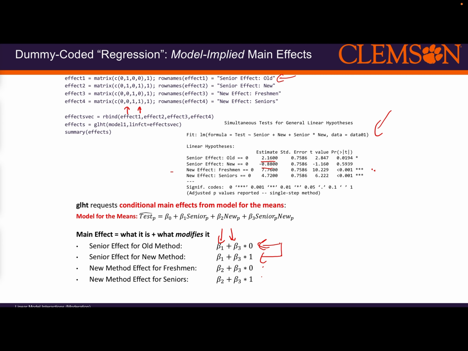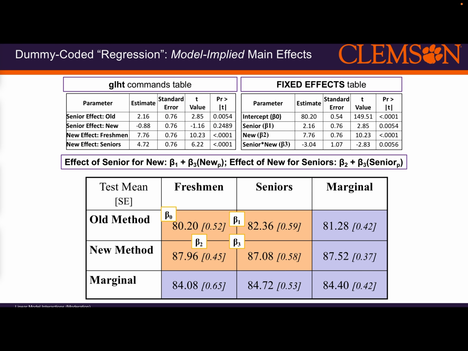Freshmen in the new method are 7 points higher than freshmen in the old method, and seniors in the new method are 4 points higher than seniors in the old method. So you can get all those permutations and see how it works out. And again, this is the set of variables that we saw from our last slide as well. Only now you can think about if we really want the difference between these two, we have to go and grab it from our software right there.